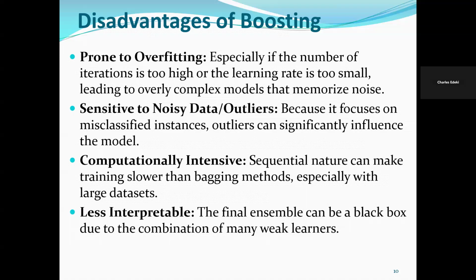Boosting algorithms iteratively focus on hard examples or errors, so they can be disproportionately affected by noisy data or outliers, very large or small values, which might repeatedly lead to misclassification or large residuals, causing the model to learn from them rather than ignoring them.